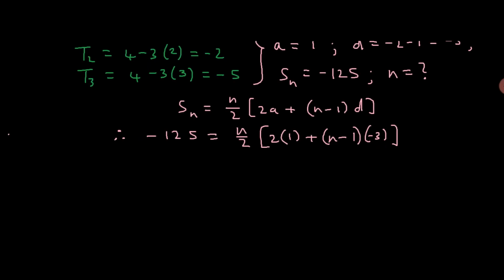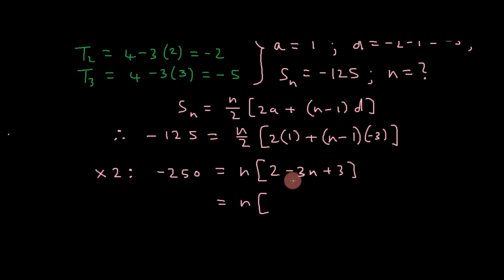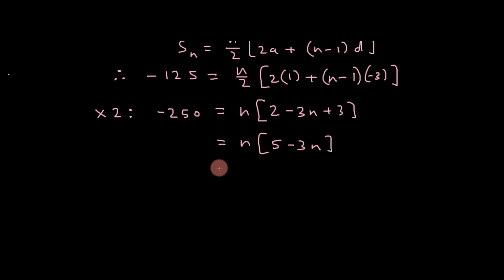We can simplify the right-hand side. We can actually first get rid of the fraction here by multiplying through by 2. On the right-hand side, the 2's cancel. And simplifying inside the brackets, we get 5 minus 3n. We multiply the n into the brackets. And now we can bring everything to the left-hand side. So 3n squared minus 5n minus 250 equals 0.